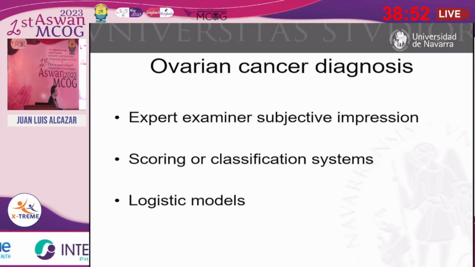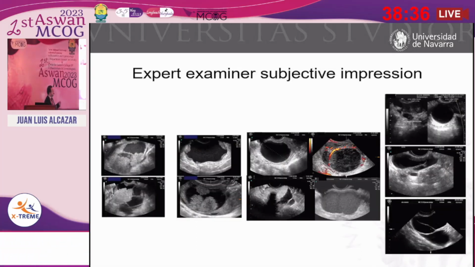We have several approaches using ultrasound for diagnosis of ovarian cancer, such as the expert examiner subjective impression, the use of some scoring or classification system, and logistic models. Well, expert examiner is based on the interpretation of the images by an expert examiner, expert sonographer, who establishes the diagnosis of malignancy or benignity regarding these features.